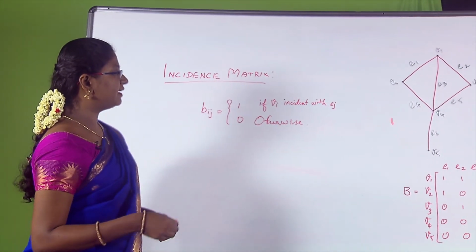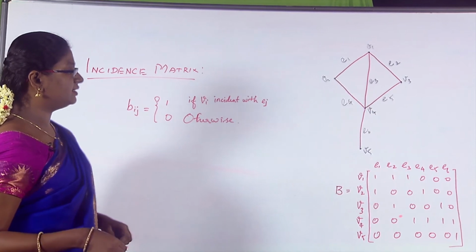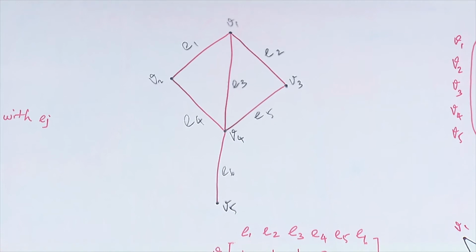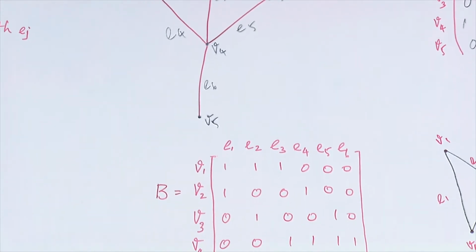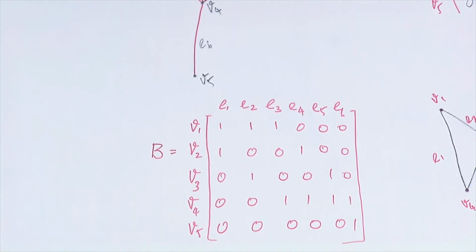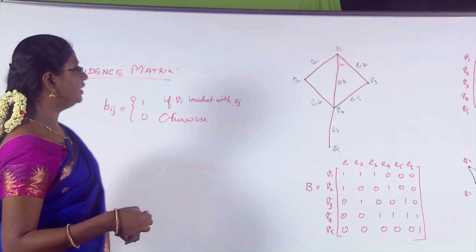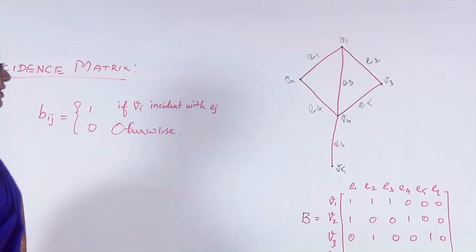In the first example, we are going to represent this graph via an incidence matrix. So this is the graph given. The vertices are V1, V2, V3, V4, V5, and the edges are labeled E1, E2, E3, E4, E5 and E6.